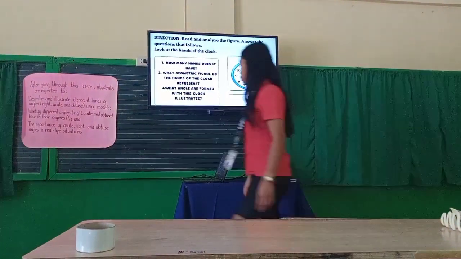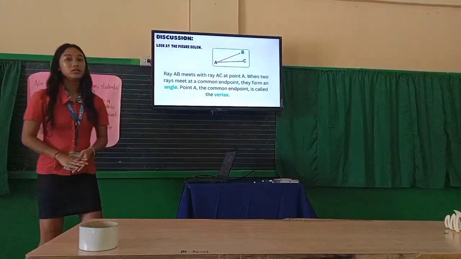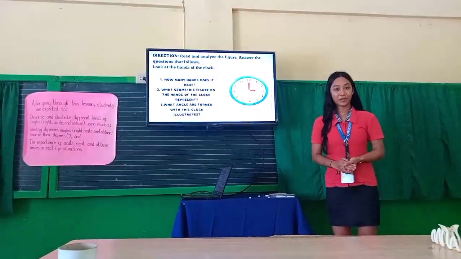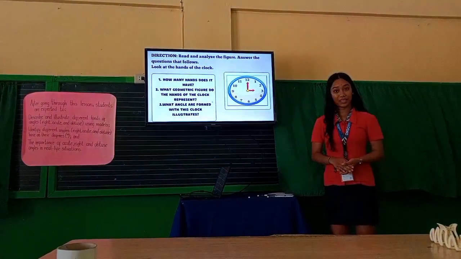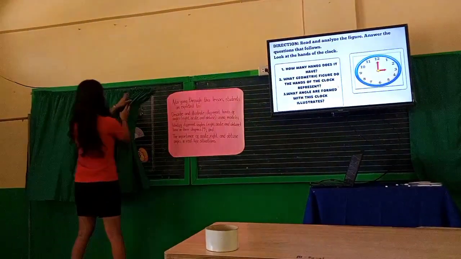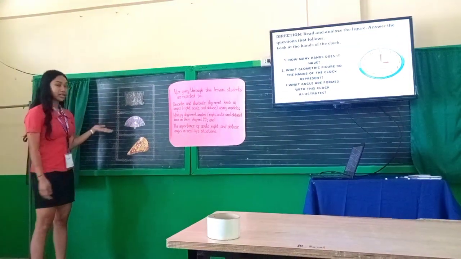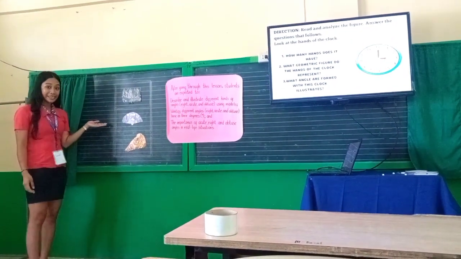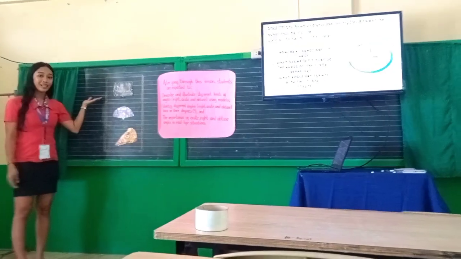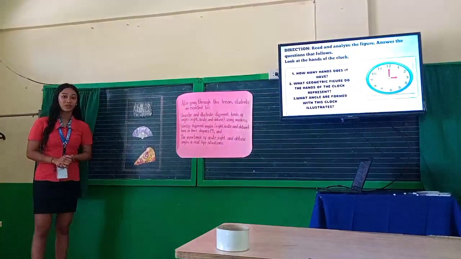Now, let us move on to our discussion. I have here another activity. Do you want an activity? Alright. Identify these images based on their degrees. Number 1. A television. What do you think is the angle of the television?